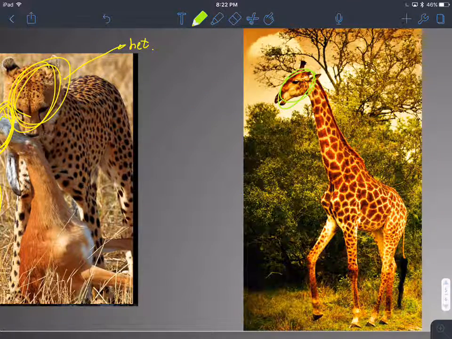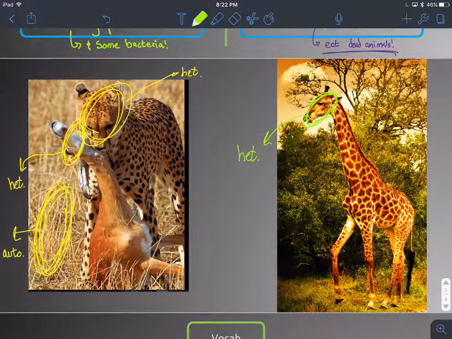Okay? Now, over here on the right, we have a little different picture, okay? We have the giraffe here. The giraffe is definitely a heterotroph, okay? But you'll notice that we have a lot more greenery. And usually when you see green, it signifies autotroph, okay? Again, anything that's plant-like is going to obtain its energy from the sun. Plants can't eat other animals or other plants, right?